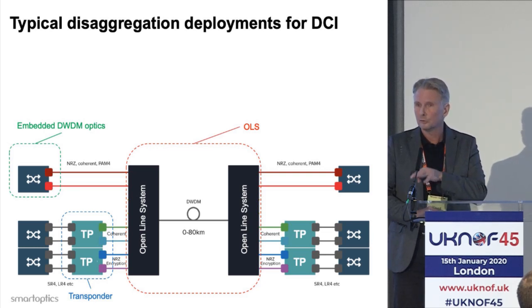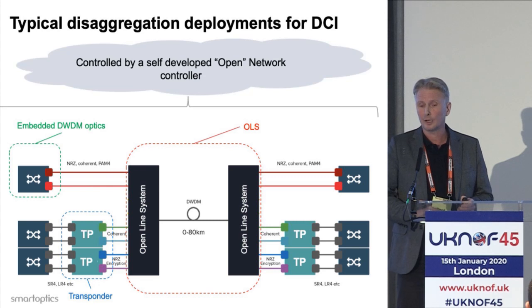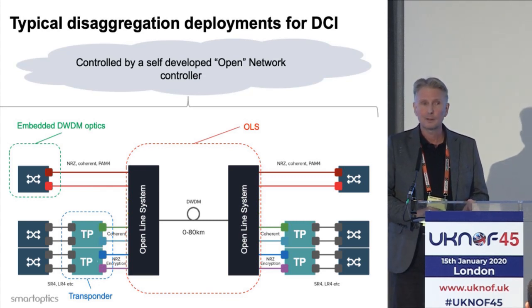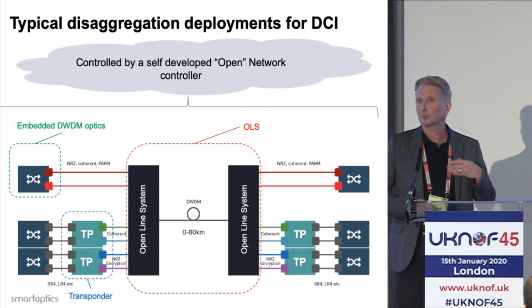But what's commonly used in this case is that those things are coming from different vendors, but they are controlled via what I call here a self-developed open network controller. Since there has not been an open controller to use, they've developed their own controllers that fulfill the open approach.